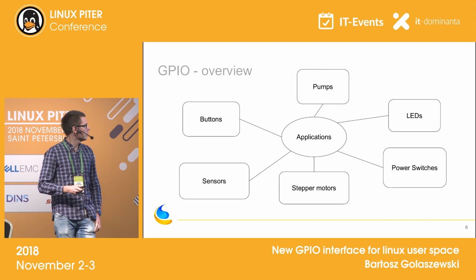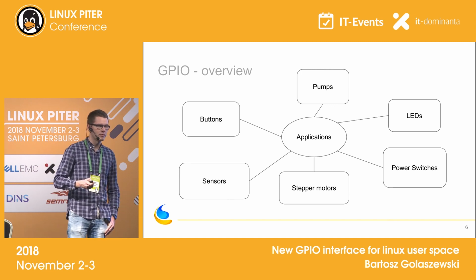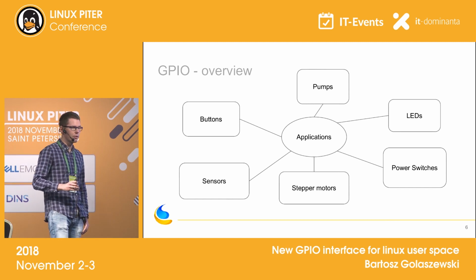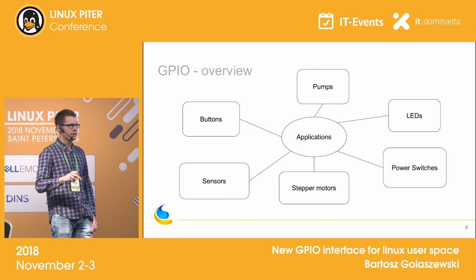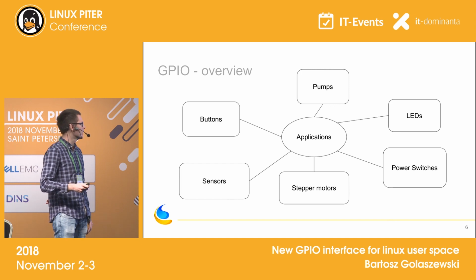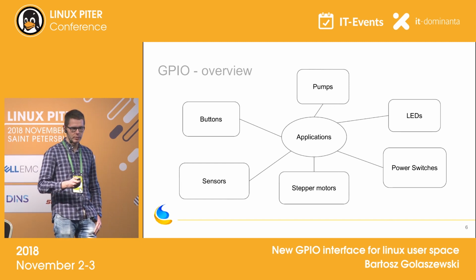The applications. Despite the relative triviality of the subsystem, they're used all around the place, everywhere where you need this simple logic of high or low. So you can have buttons that when you press them, they raise the line, and you're notified about the button press. You can drive LEDs, this is a common application.